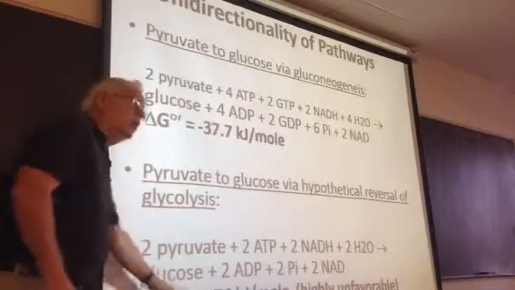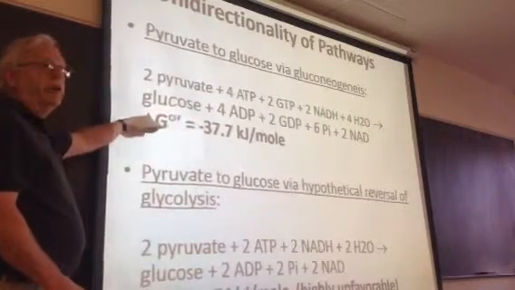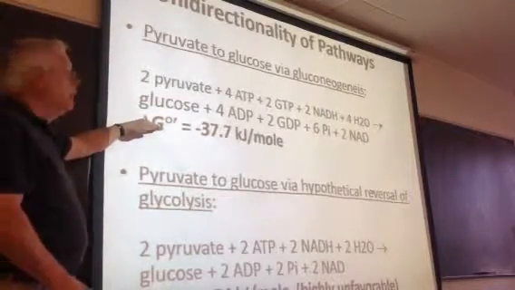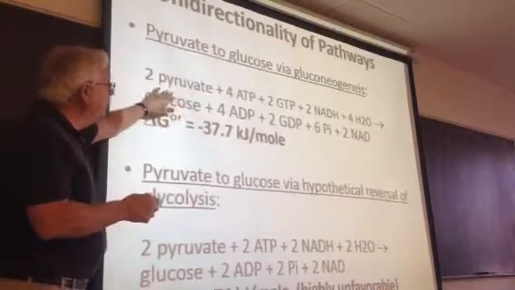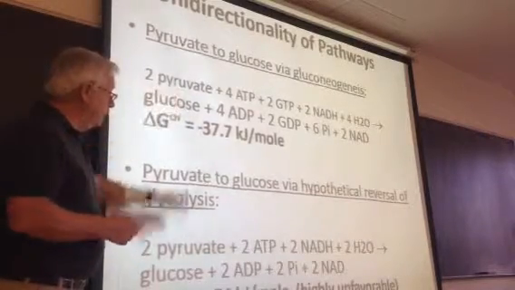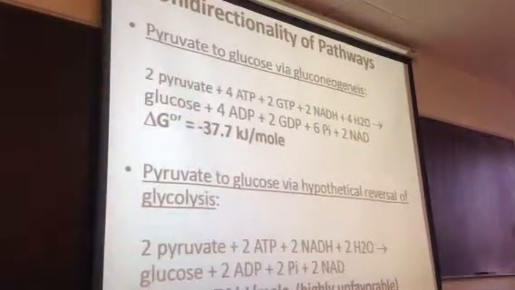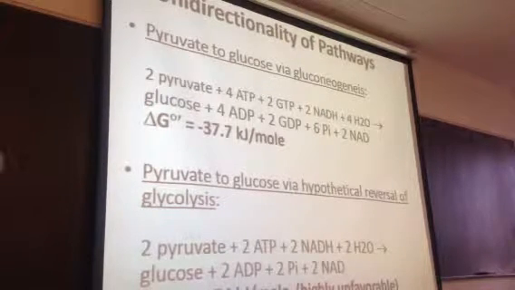That's uphill by 74. That's downhill by 37. So you're investing more energy here, and that makes it possible. Both pathways interconvert pyruvate to glucose. It's just a question of how much energy you're throwing at it. 2 ATPs worth or 6 ATPs worth.